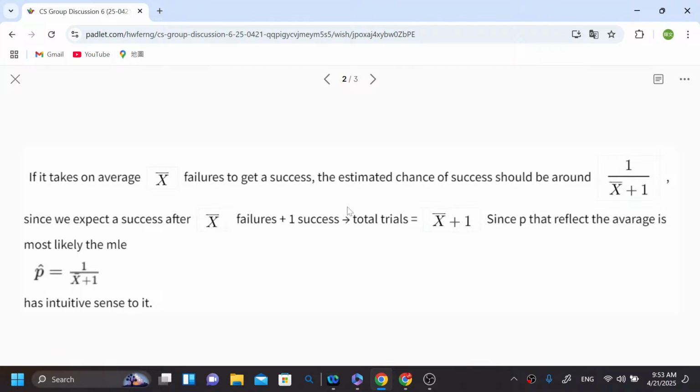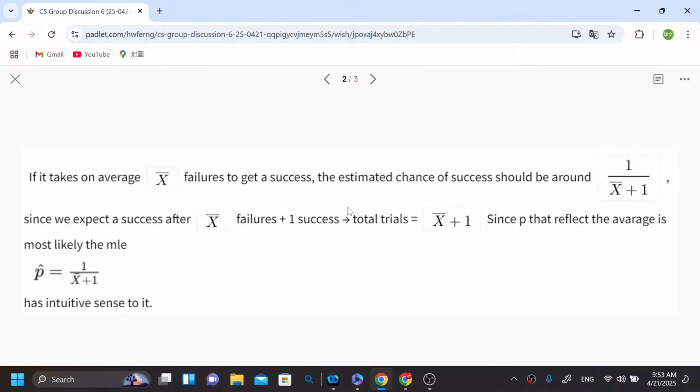Since the probability reflects that the sample mean is close to the real mean, the most likely value should be p equal to 1 over x plus 1, or the sample mean plus 1.